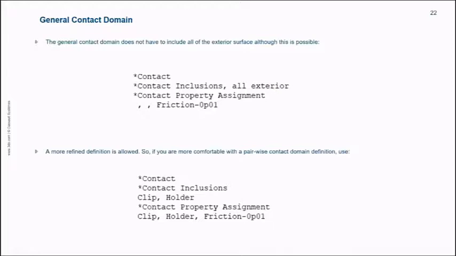But you don't have to do that. If you want to build a more efficient contact domain for your general contact, you can limit the contact inclusions to certain pairs of surfaces. And so you can build up a more efficient contact domain. In fact, the definition at the bottom is very analogous to defining a contact pair, if you want to look at it that way.